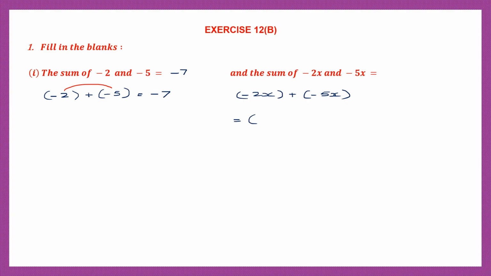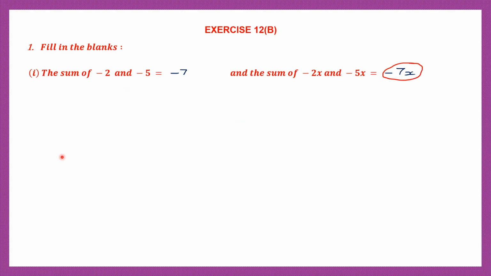So this will be -2 plus -5, and since they're like terms, we put x here. So what do we have here? -2 plus -5, we got -7. So this will be -7 and we have the x. So what is our answer? -7x or minus 7x. So this is our answer.